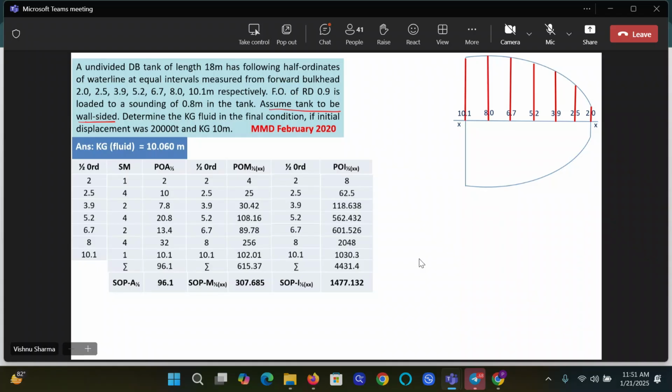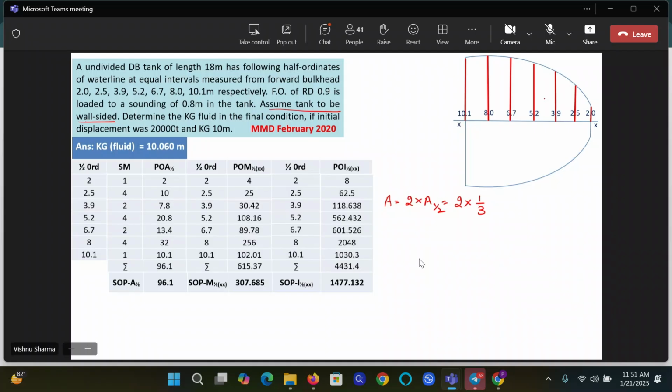Now, guys, we can get half area, we can get full area, doesn't matter. So let's get the area. It will be 2 into half area, that is what you're going to get from the table. So it will be 2 into rule 1 by 3. Tank length is 18 meters.